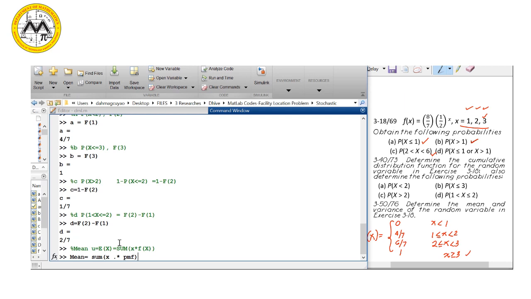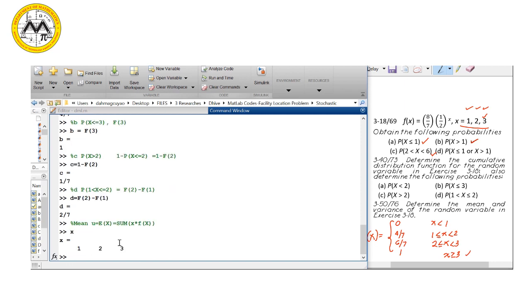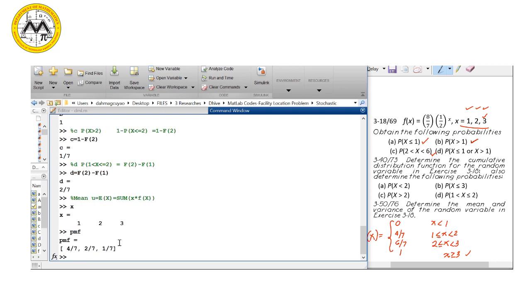So before we do that, let's first recall what is x and what is PMF. What we're going to do is to get the mean, which is equal to the sum of all x's times the PMF.